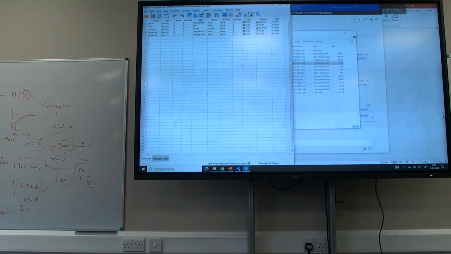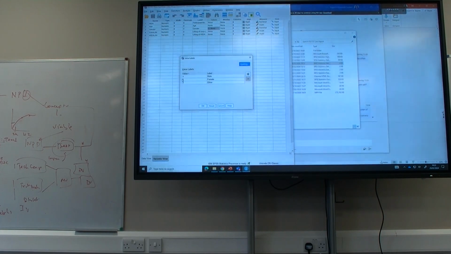So I've entered your data, and I had a data set already of around 60 to 70 students, so I've added your data to some previous data to give us a bigger sample. Okay, so you've got age, then you've got gender, and if you click on the values, you'll see that 1 is coded as male, 2 is female, and 3 is other.